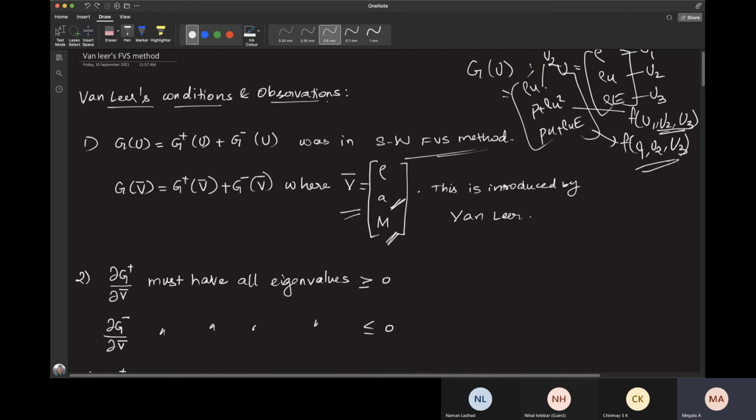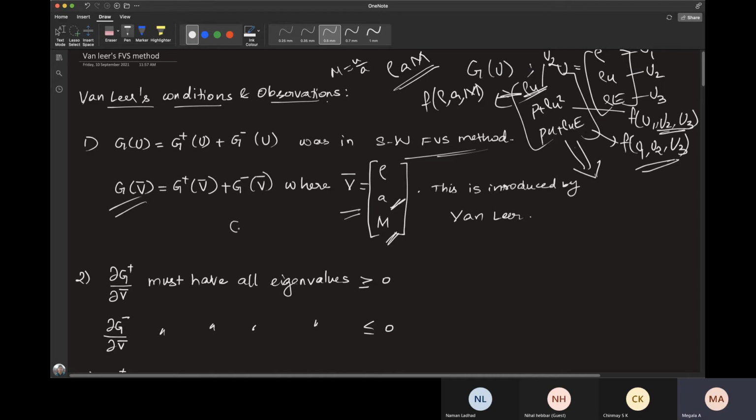That is, instead of writing g as rho u, p plus rho u squared, and u times (p plus rho e), he'll now be writing these in terms of rho, a and M. That is, the first element rho u will now be written as some function of rho, a, M. Mach number is u by a, right? So u is now a times M, and rho u becomes rho a M in terms of Van Leer's fluxes.